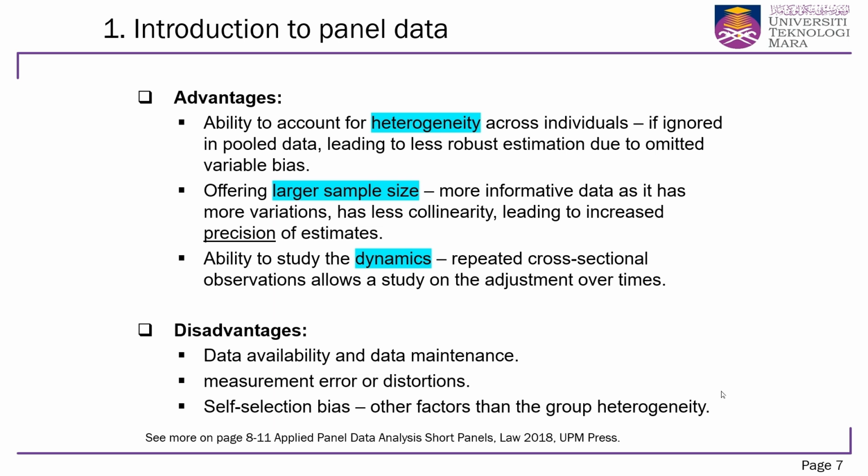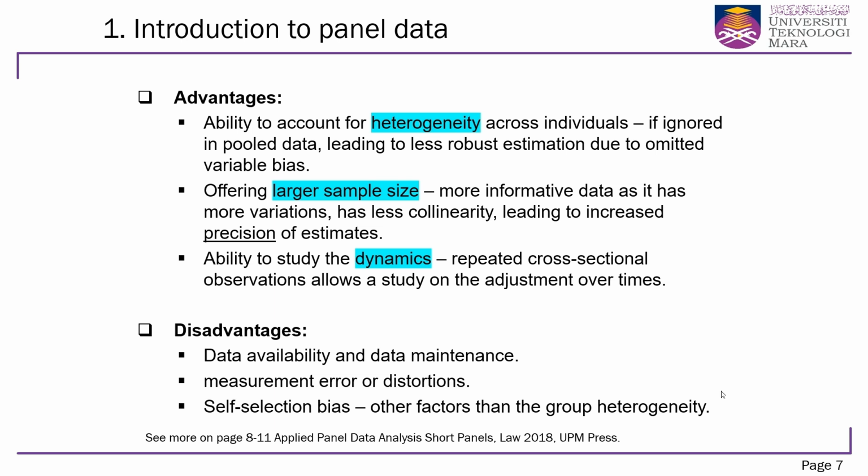Panel data also offer a larger sample size because we can collect data from many cross-sectional units and many years. Therefore, we are going to have a larger sample size, N multiplied by T, which is going to be bigger than the simple cross-sectional data or the time series data. Because of the larger sample size, we are going to get more information from the data because more variation is available.